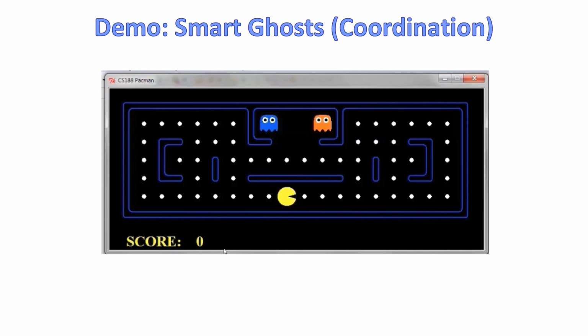The goal of the ghost is to kill Pacman. Because we use depth limited search, the two ghosts will use the evaluation function, which is typically how far we are from Pacman. As we move closer to Pacman, the value increases, because that's the goal of the ghost.